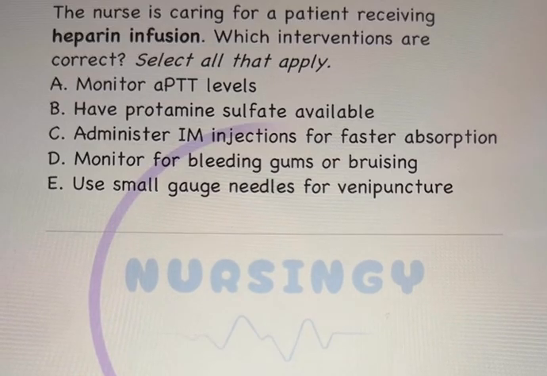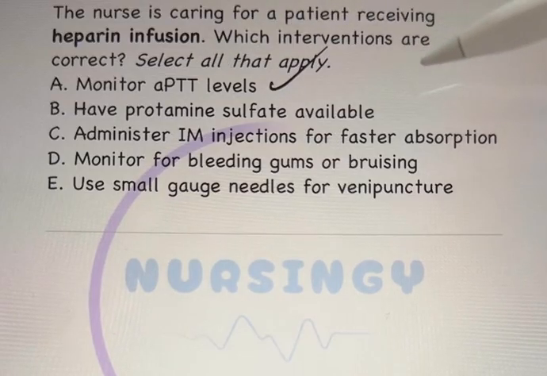Yes, to make sure we have an effective medication balance in the body. Have protamine sulfate available? Is B yes? That's the antidote. It's always good to have the antidote with us. Very important.